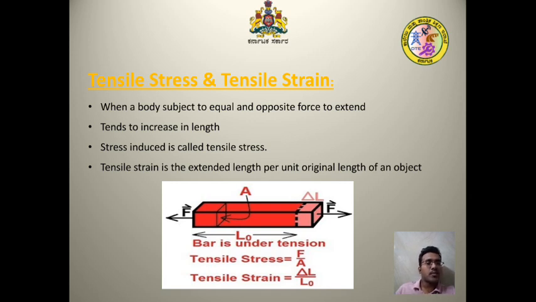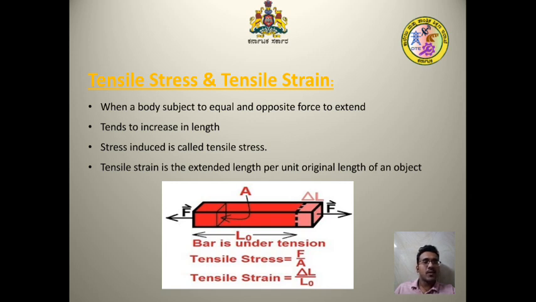Normally, we know that the stress is defined as the load acting per unit area. The load is defined in Newton, whereas the area is given in meter square or millimeter square or centimeter square. Therefore, the stress is denoted by Newton per meter square, that is the unit.